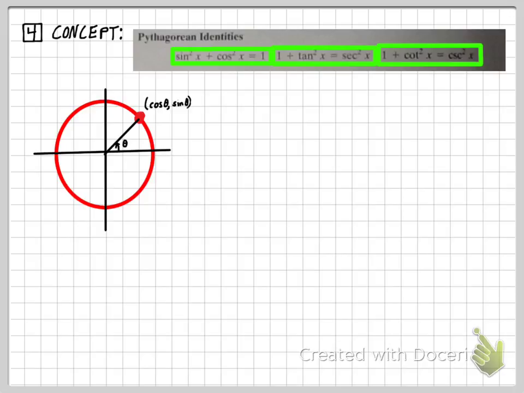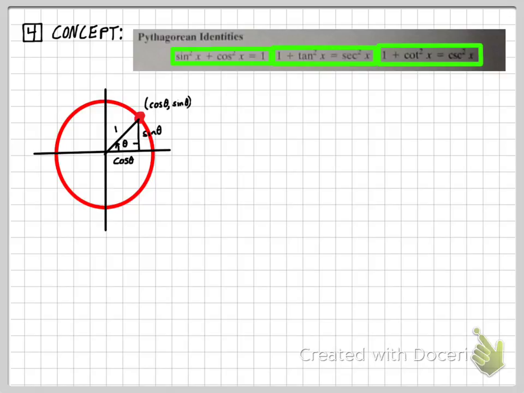Alright, there are 3 Pythagorean identities. These are the ones that people have the most difficulty remembering. But my tip to you is to think about the same thing I talked about in the last slide. If I think about a unit circle problem, I have a triangle whose hypotenuse is 1, whose bottom side is cosine, and whose top side is sine.